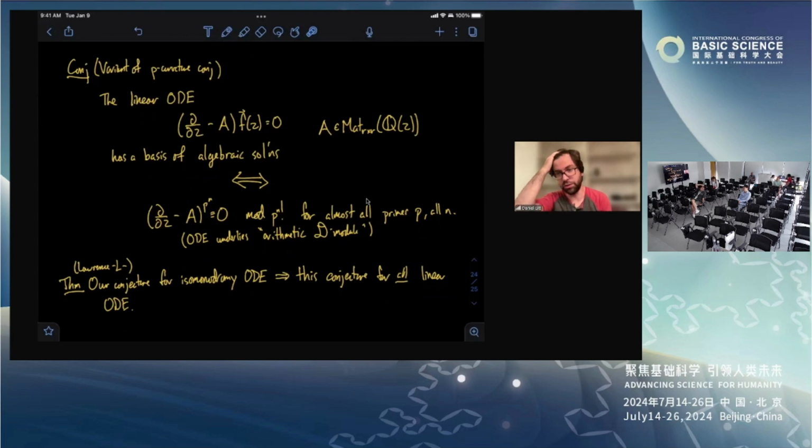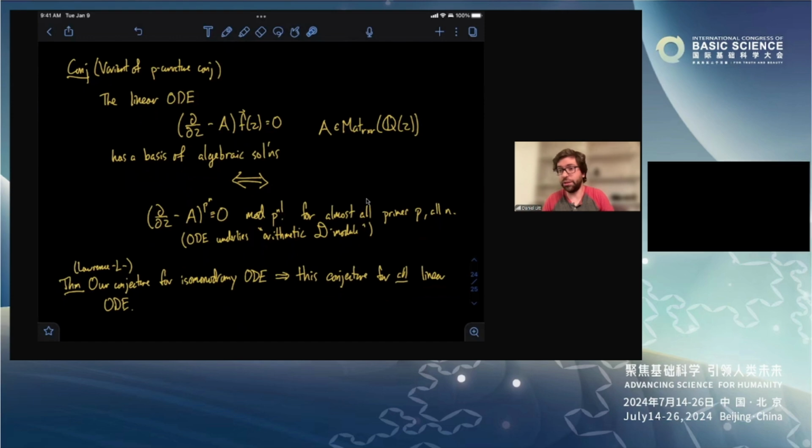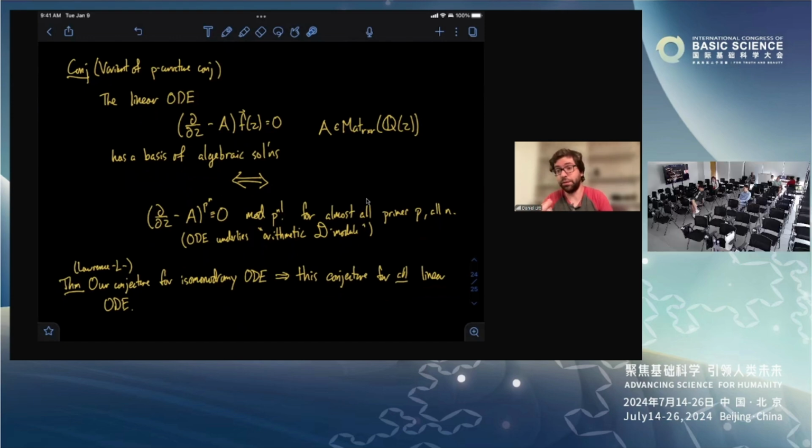But sometimes you can write down a couple of holomorphic solutions. For example, let's just say you're in the linear case, if the monodromy of your ODE about the singular point has invariants, then there are some local solutions at least. And the conjecture is false if you take the Taylor expansion around such points.